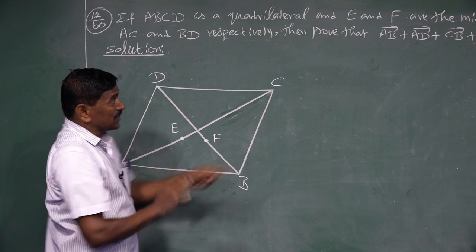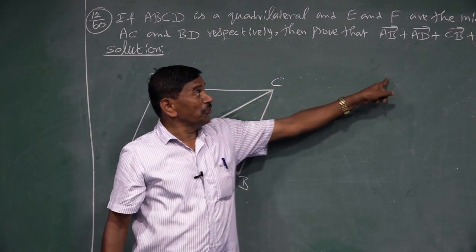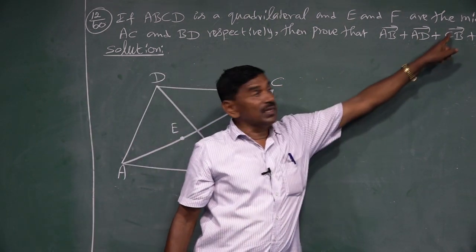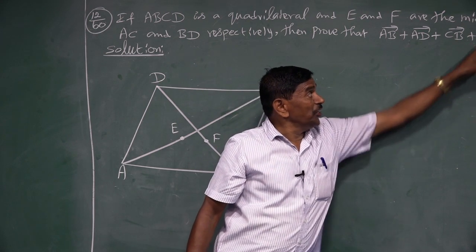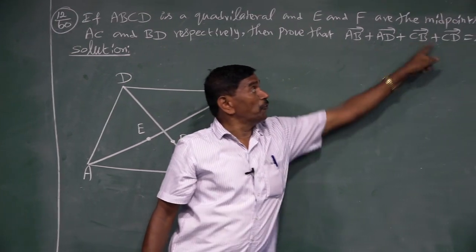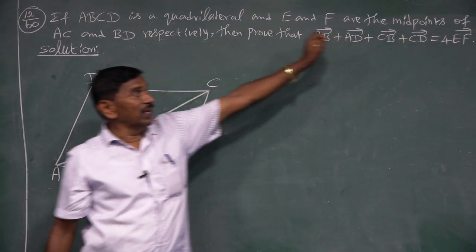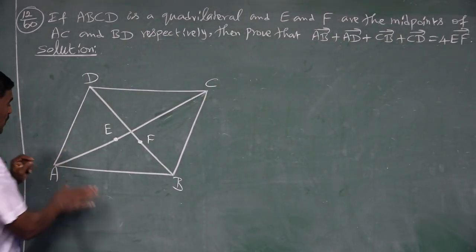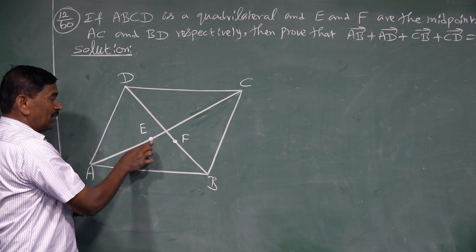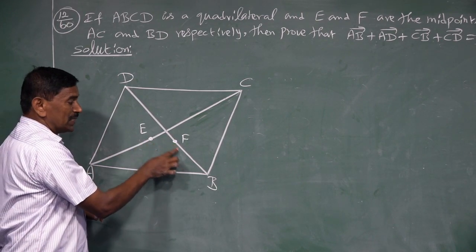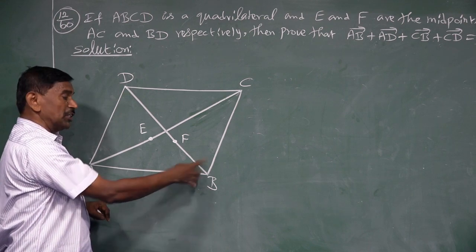So the first term AB vector is the first equation, AD vector the second equation, CB vector the third equation, and CD vector the fourth equation. Adding the 4 equations, we are going to get the required result. First term: AB vector is equal to AE vector plus EF vector plus FB vector, first equation.